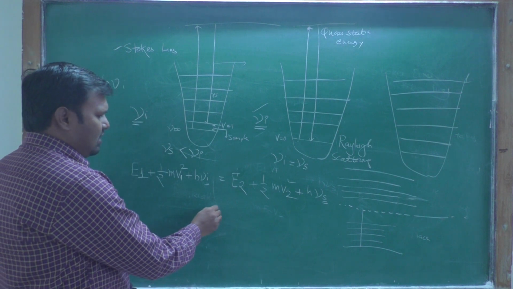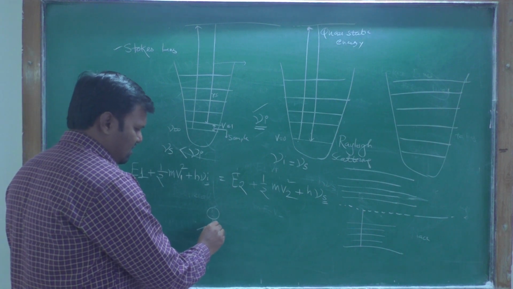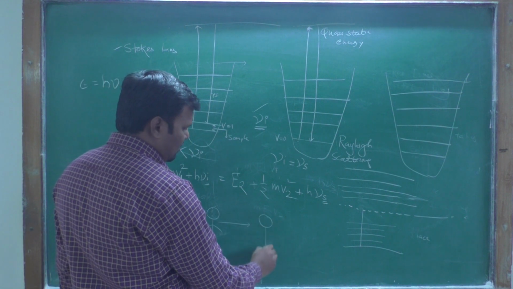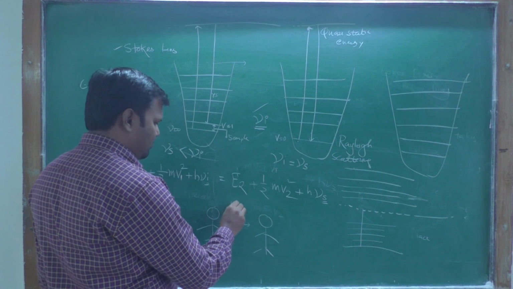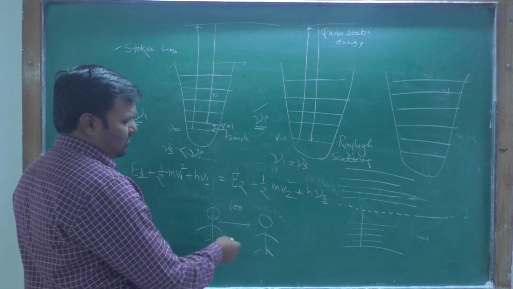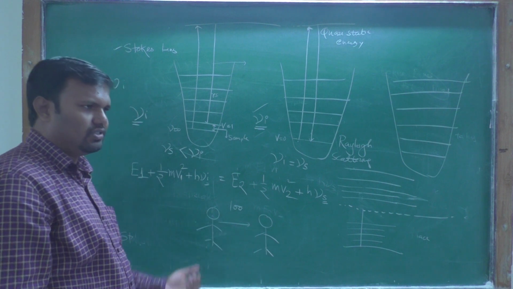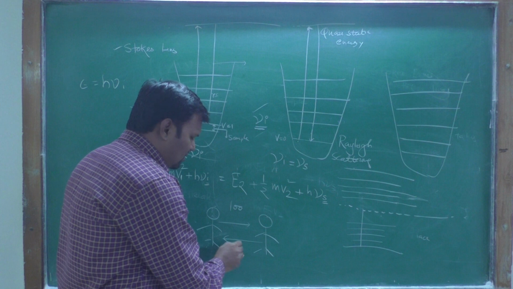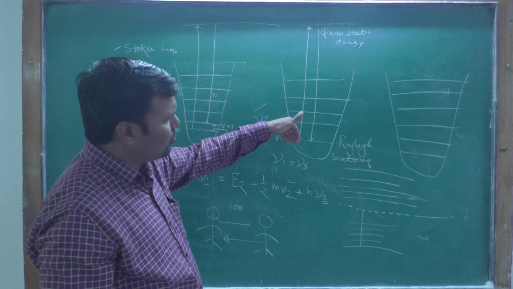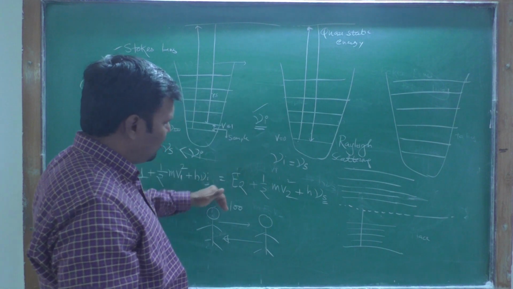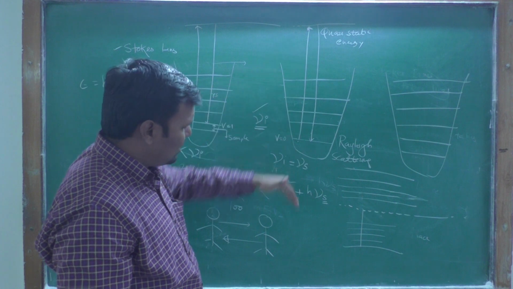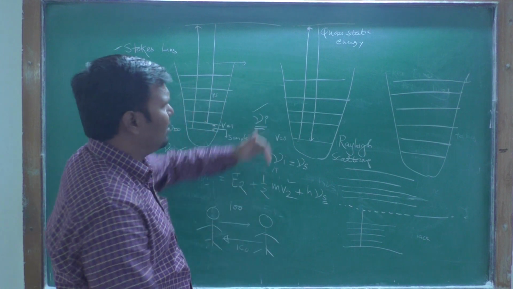Suppose there are two friends, and one friend gives 100 rupees to the other. After some time he asks for his 100 rupees back, and the friend gives back the full 100 rupees. That is like the incident light exciting the molecule: 100 rupees of energy is given, and the same 100 rupees is given back.